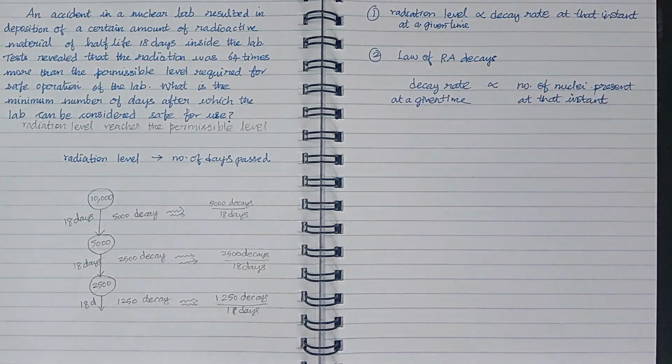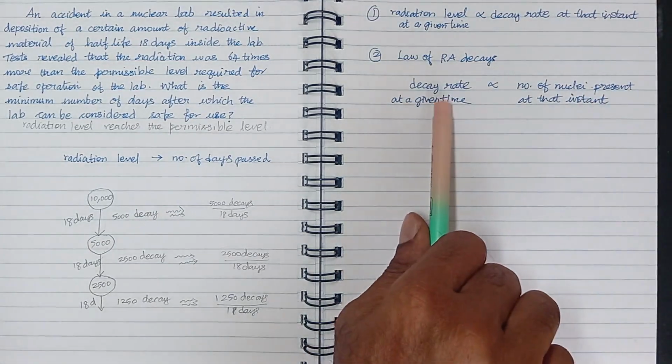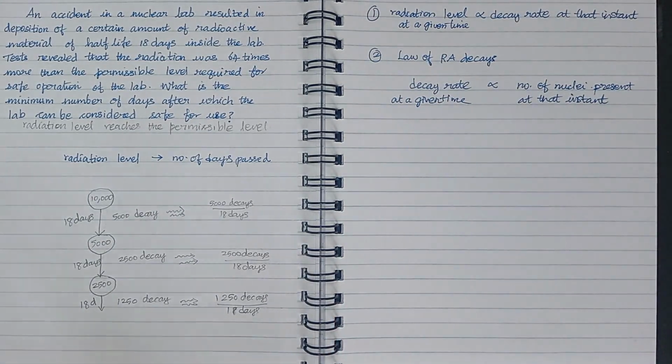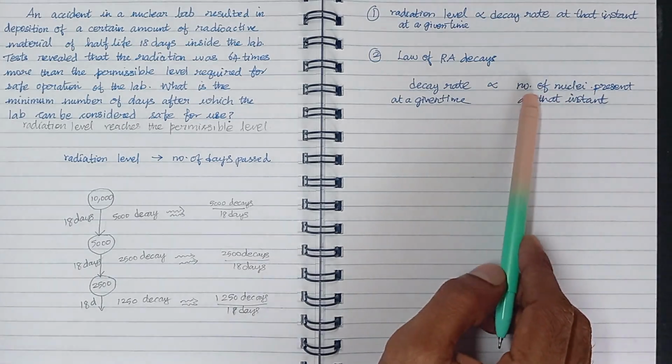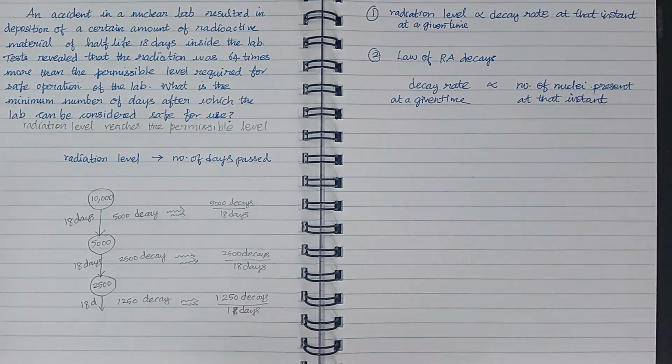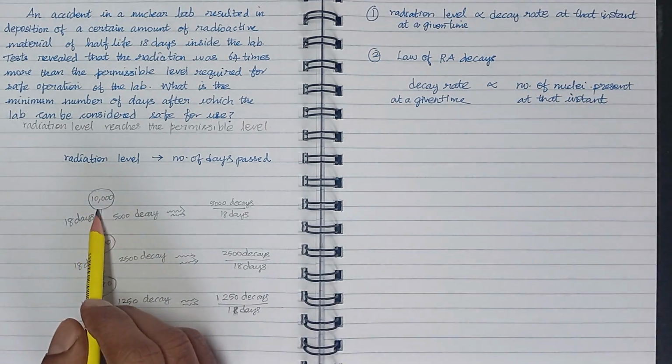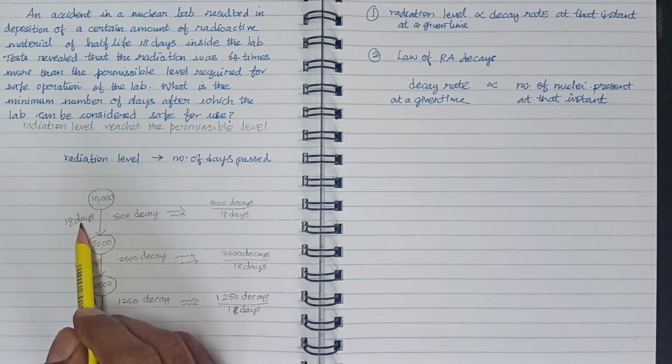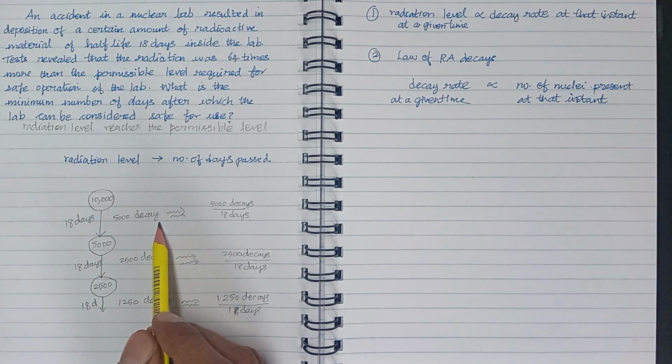Okay, what does this mean? The rate at which the nuclei decay, the number of decays per time, is itself dependent on the number of nuclei present at that instant. So let's take this example. Here we have 10,000 nuclei, and during these 18 days 5,000 nuclei decay.